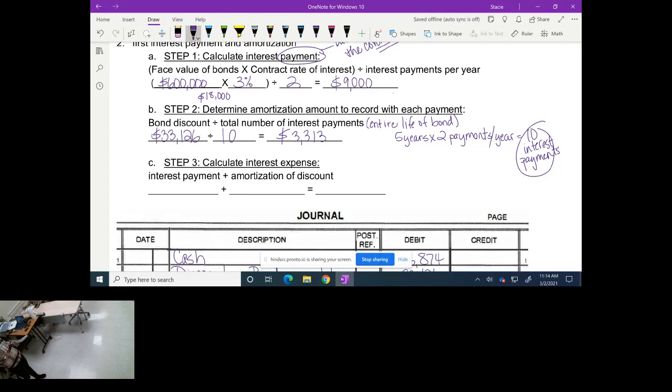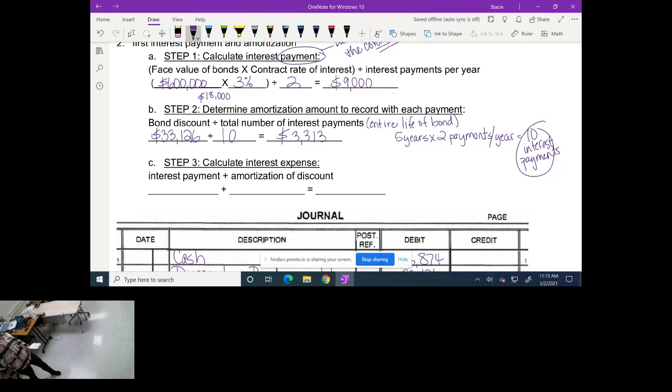It'll zero out. We don't want it left there. Because if it's left there and we pay the bonds out, we got to get that discount off. It's related to those bonds. So what will we do with it? I mean, credit cash, debit bonds payable, and then you got this discount amount you got to do something with. Because you got to pay them $600,000.